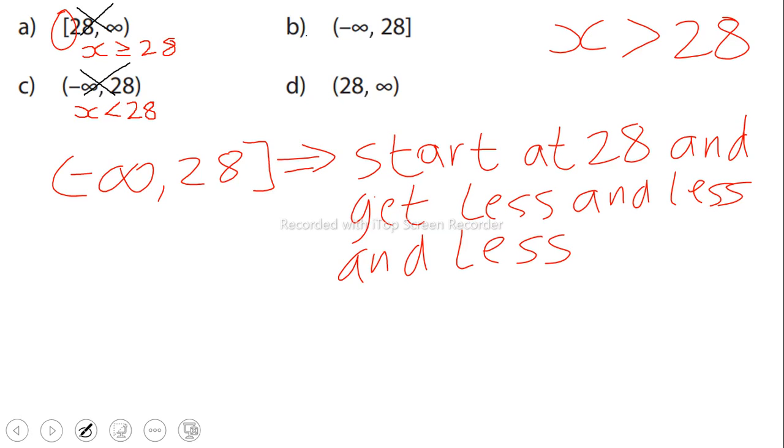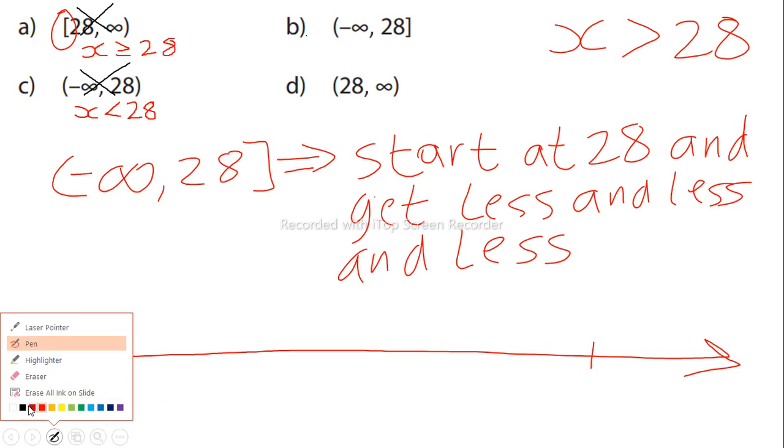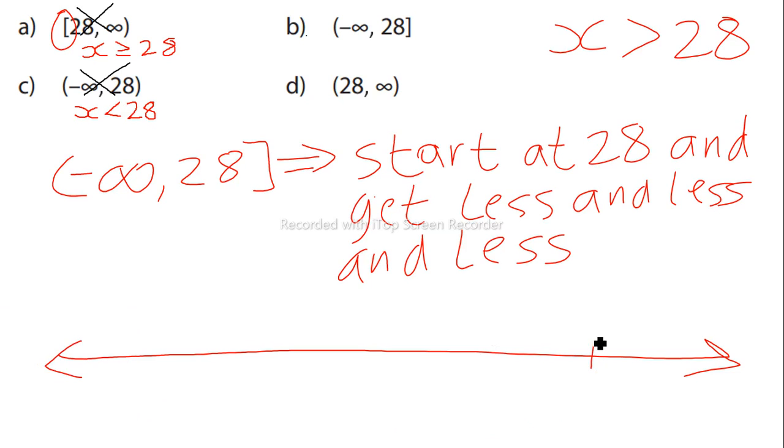If we would do that, we go on the number line and we want to start at 28. This time we include the 28, so we're going to use the square bracket. We include 28. And we're going to get less and less all the way to negative infinity, getting lower and smaller.